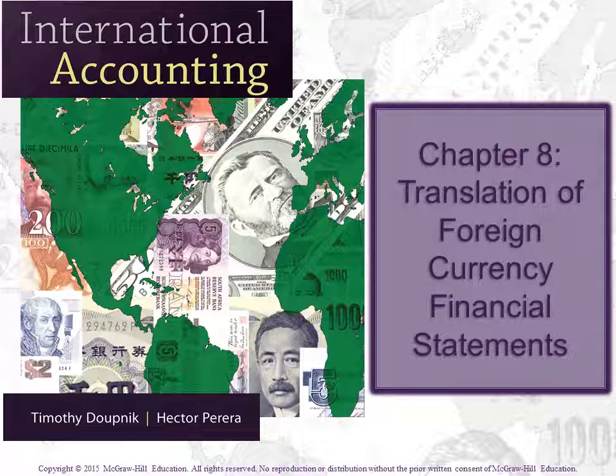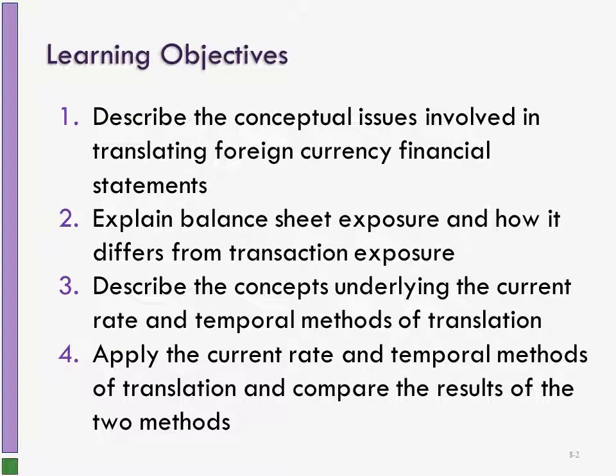Today we are going to start a new chapter and the last chapter in our course, Chapter 8, Translation of Foreign Currency Financial Statements. Our learning objectives are describing the conceptual issues involved in translating foreign currency financial statements.